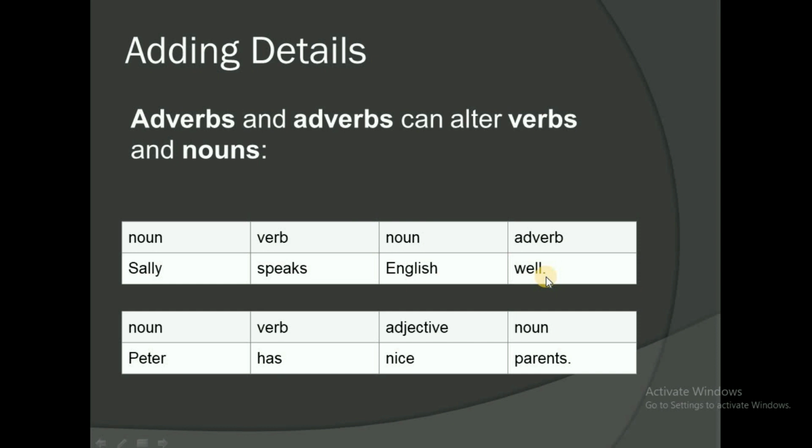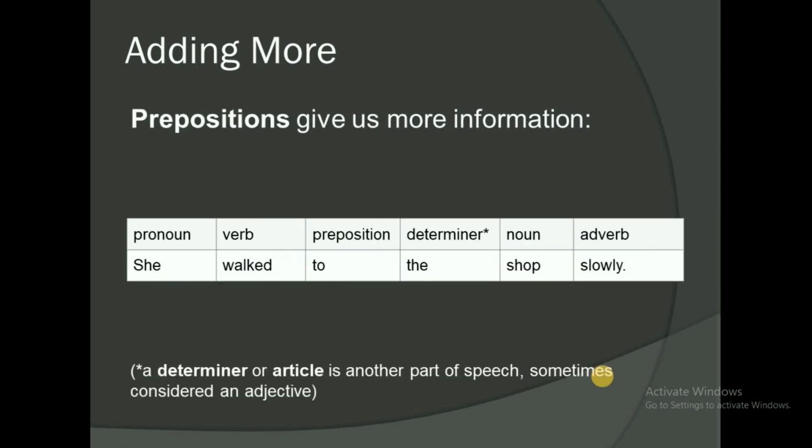She spoke well. In this case, our noun is being altered by the adjective. Peter has nice parents, or strict parents, or kind parents. So the adjective describes the noun. Prepositions throw in some more information, so we can talk about more complicated ideas.